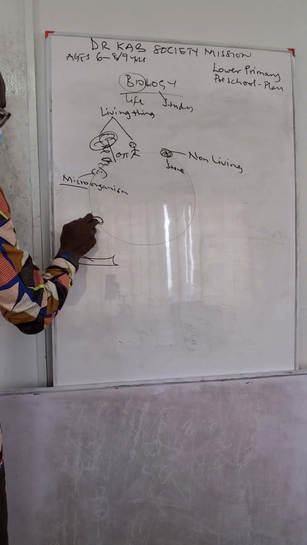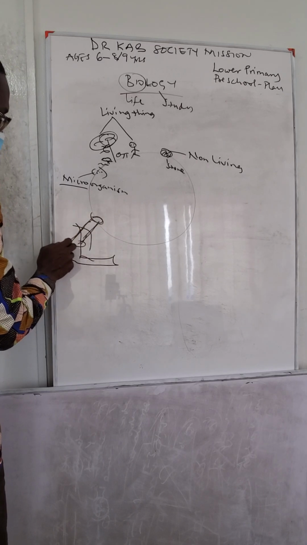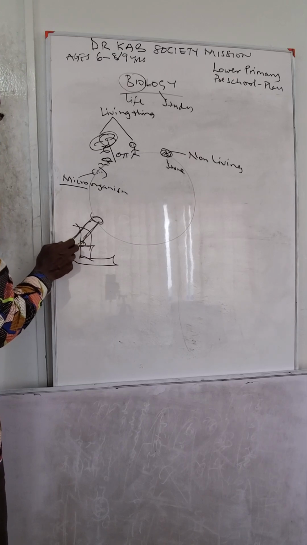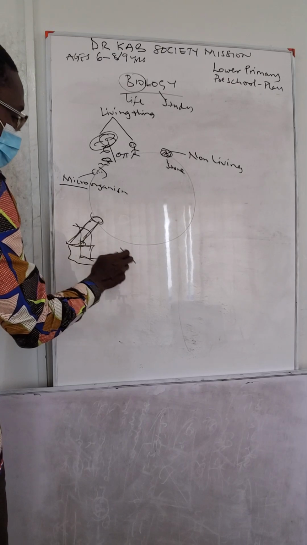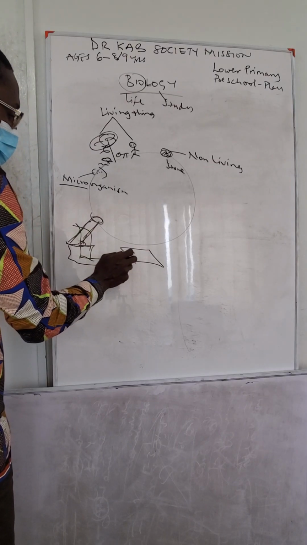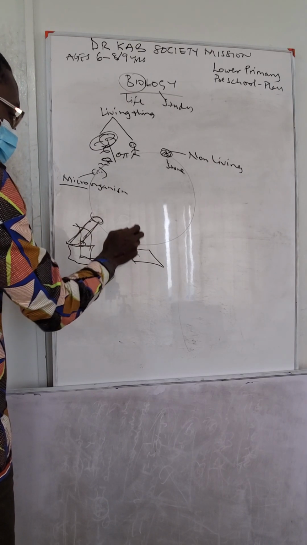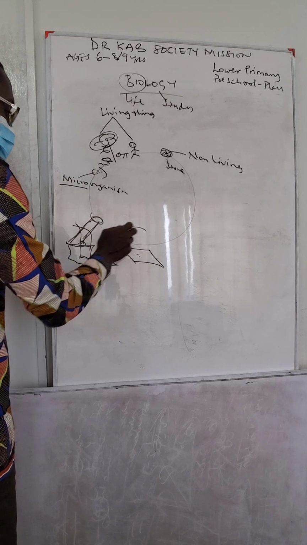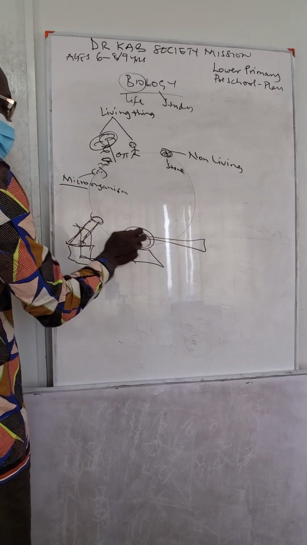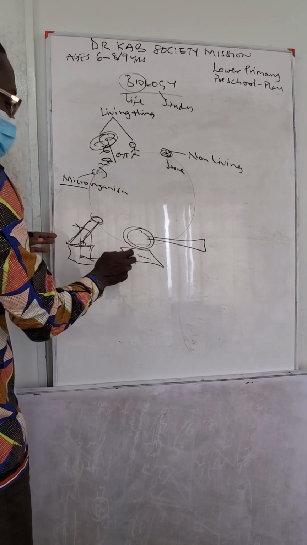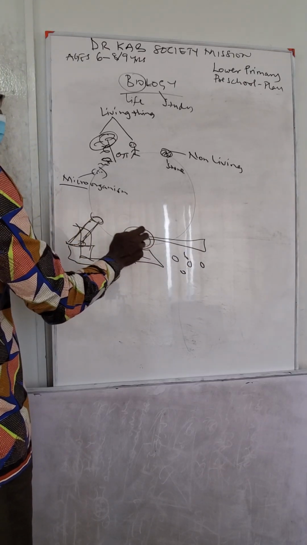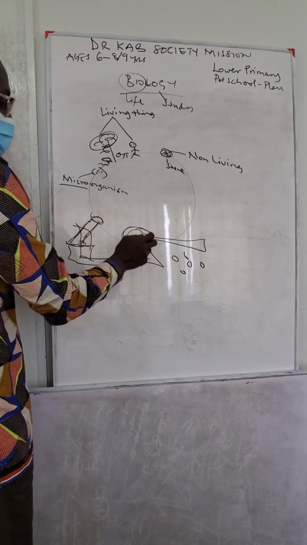Before we can see these small ones, we put them on a small square glass, and then we use maybe a hand lens. The hand lens is a glass like this. It can enlarge this one to make it big, then it will appear like this.